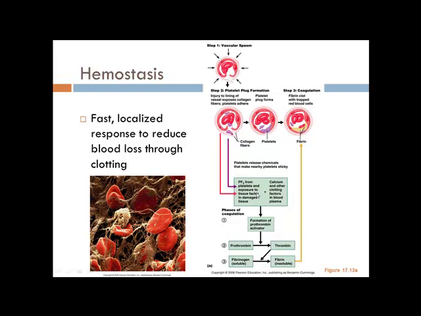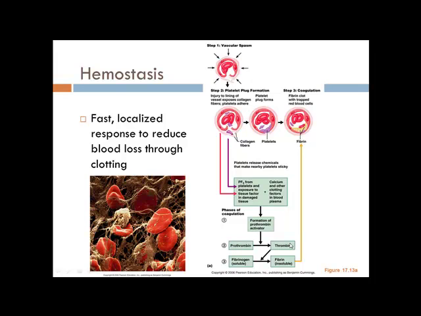We'll go through how the formation of the platelet plug is going to happen. We're going to have all these factors, and they're going to meet up with calcium. All those guys make something called prothrombin activator. Prothrombin activator acts to activate prothrombin. So when prothrombin is activated, it turns into thrombin.